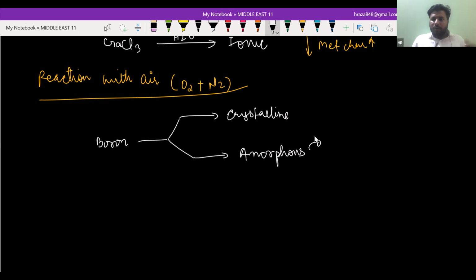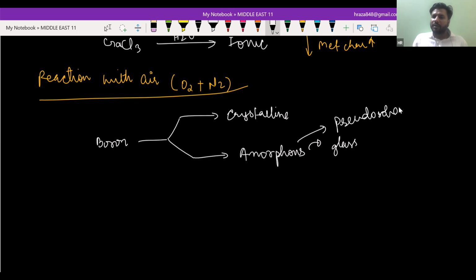If the particles are arranged in a disciplined way over long range, that is a crystalline solid. If they are arranged in a disciplined way only over short range order, that is amorphous. We can take glass as an example.